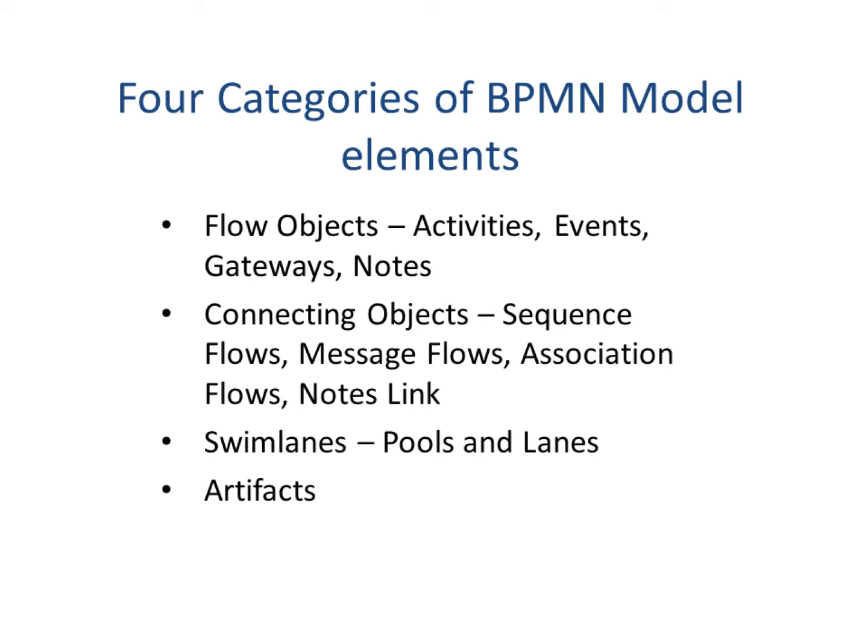There are four basic categories of BPMN elements used to create the BPMN models, which allow the viewer to easily differentiate between sections of the BPM diagrams. Flow objects, which consist of event symbols, activity or process symbols, and gateway symbols.